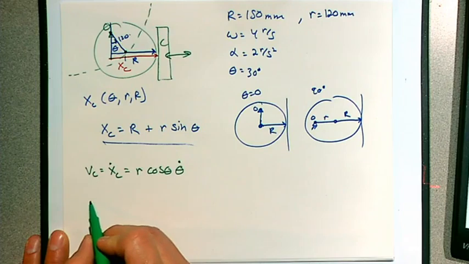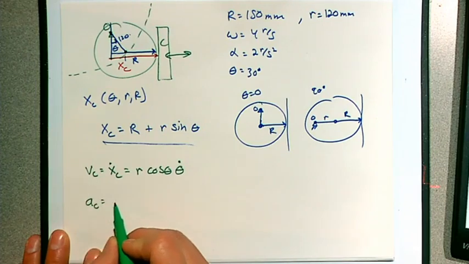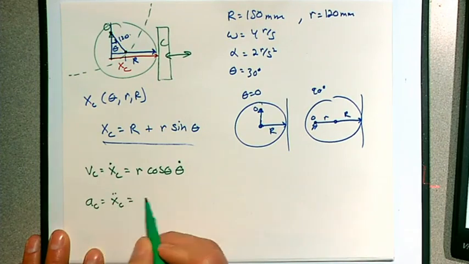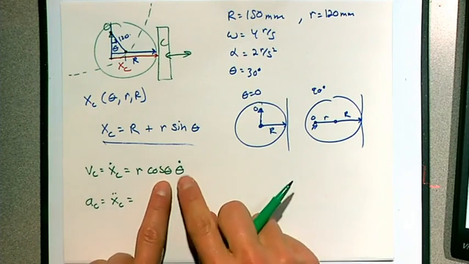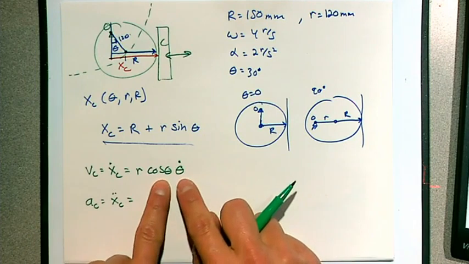One more derivative. I get to the acceleration of c. That's x double dot of c. Now I've got two things that are a function of time, both theta and theta dot. So I've got to do product rule.